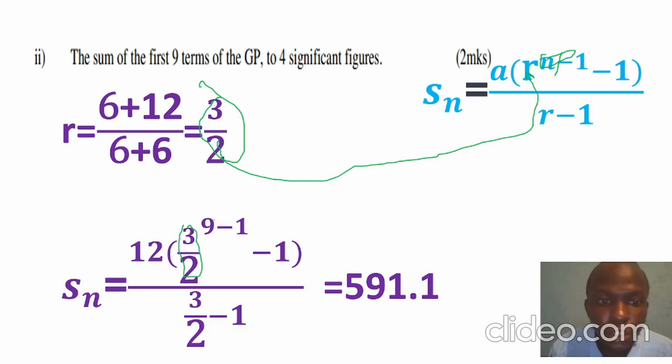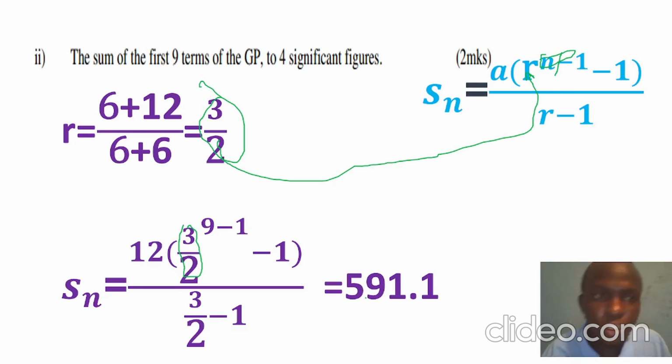And then we substitute 9 as n, because the value of n is 9. And then after working it out, doing the evaluation, we arrive at 591.1.